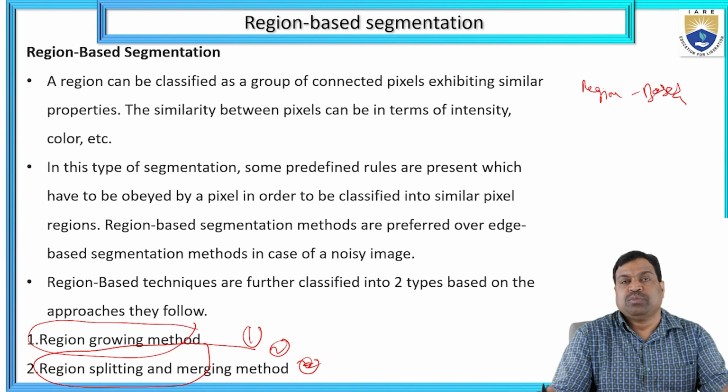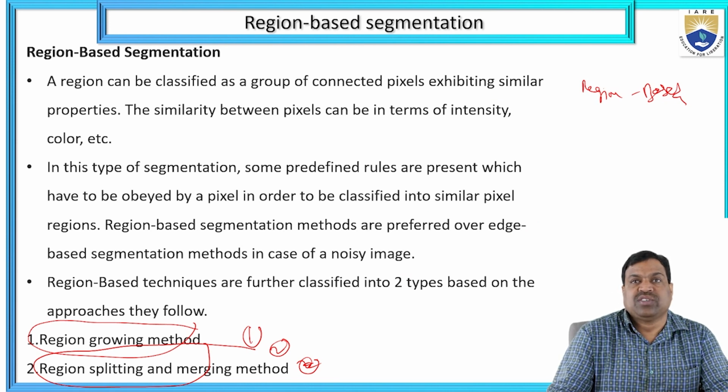In region-based segmentation, a region is classified as a group of connected pixels exhibiting similar properties. The similarity between pixels can be in terms of intensity and color. In this type of segmentation, some predefined rules are present which pixels have to obey in order to be classified into similar pixel regions.